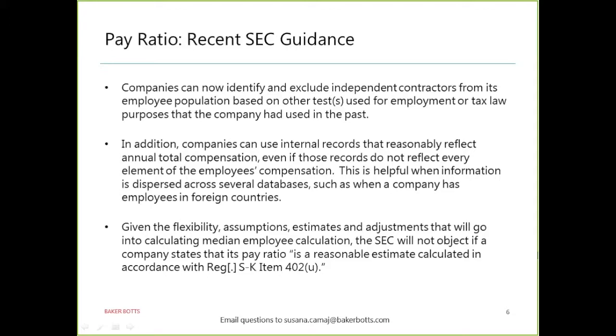Or, because the pay ratio disclosure is included with the executive compensation section in the 10-K or in the proxy statement, and that's considered filed information, what do we do if we can take into consideration the idea that there's extra liability that can attach to filed information versus furnished?